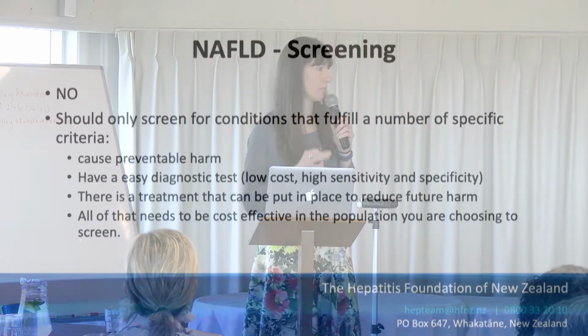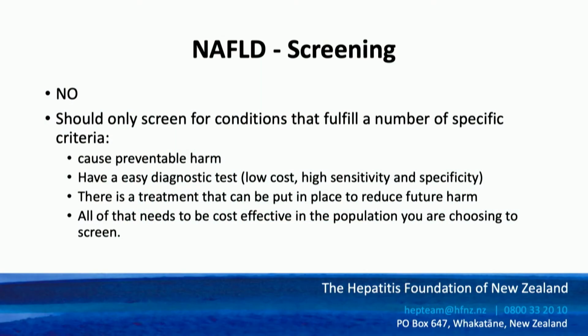In terms of screening, no. I do not want you screening for fatty liver disease in primary care. The conditions that lend themselves to screening programs, and I'll draw you, are pap smears for cervical cancer, mammograms for breast cancer, and bowel cancer screening, which we're coming to shortly.